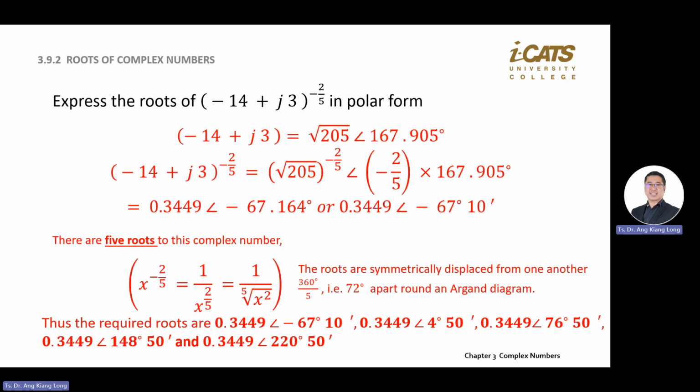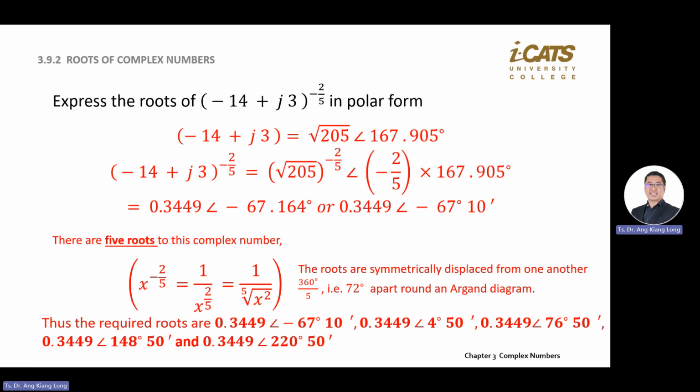So this diagram represents z to the power 1/5. If you have z to the power 1, you only have 1 answer. If you have z power 2, you have 2 answers, something like this with the angle.